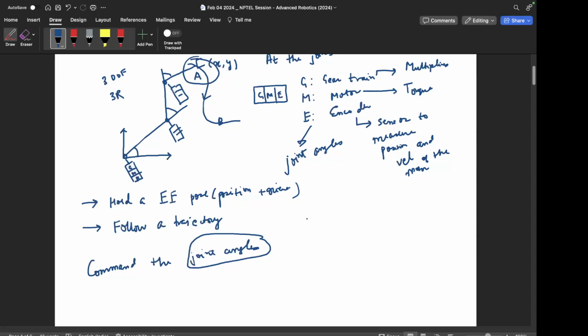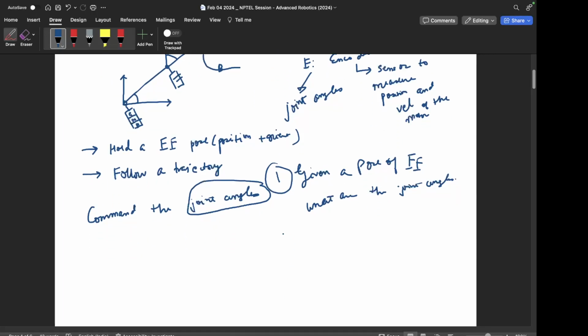And naturally, the requirement can be formulated as: given a pose of the end effector, what are the joint angles, right? This is the first question.